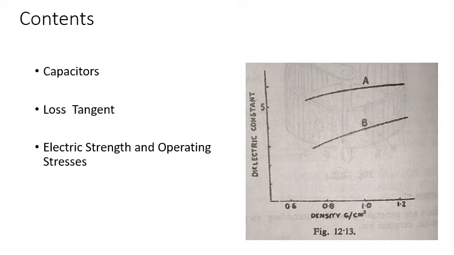The electric strength to be high, the loss tangent to be low, and as independent of temperature as possible. Now what is meant by loss tangent? The loss tangent of impregnated paper is a complex function with contributions from both cellulose and impregnant. So it may be represented with reasonable accuracy.